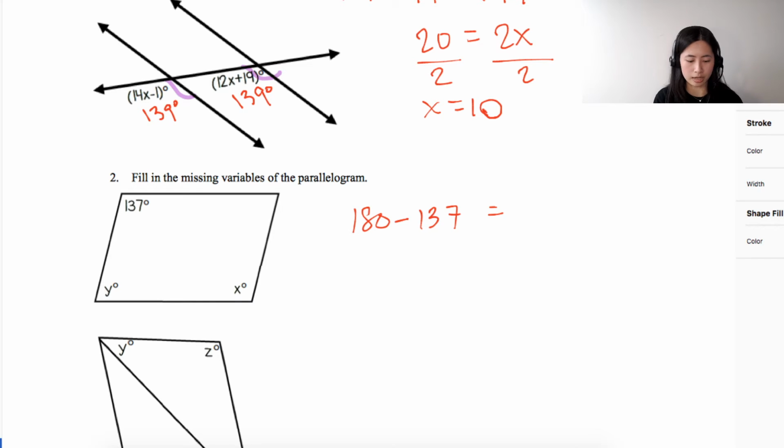So 180 minus 137 is equal to 43 degrees. Therefore, this must be 43 degrees. And if you have 137 degrees over here, the opposite angles are congruent, so you can say that x degrees is 137 degrees because they're congruent. So that's the thing for parallelograms.